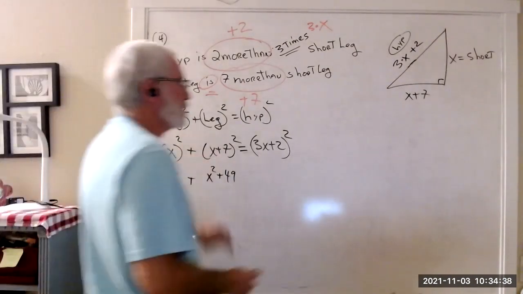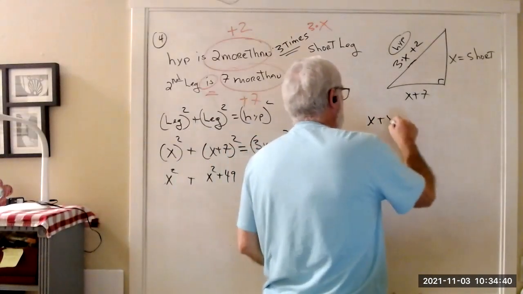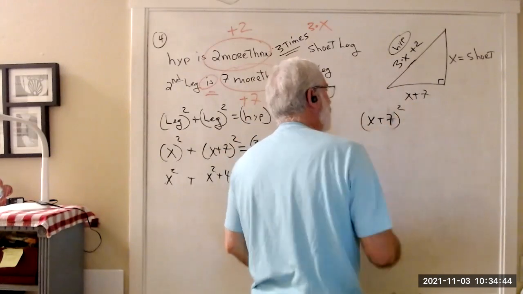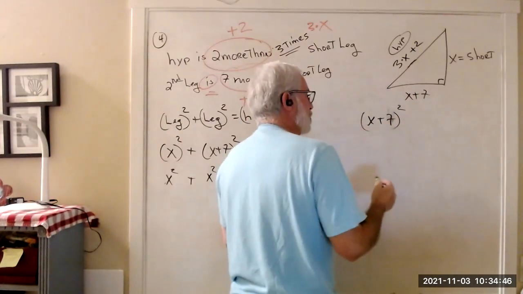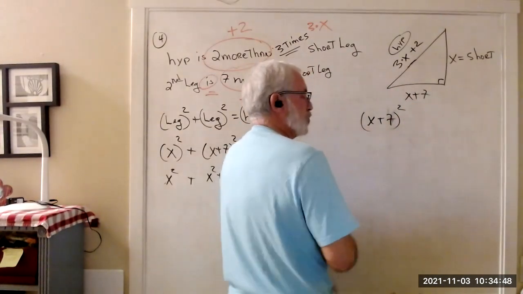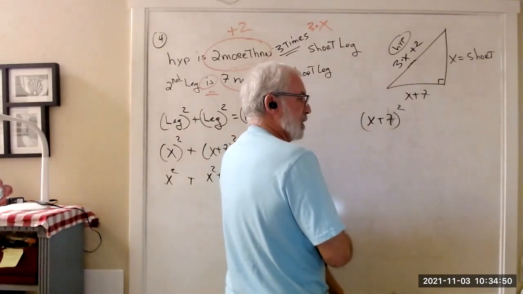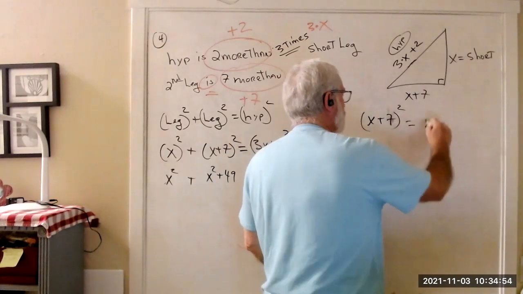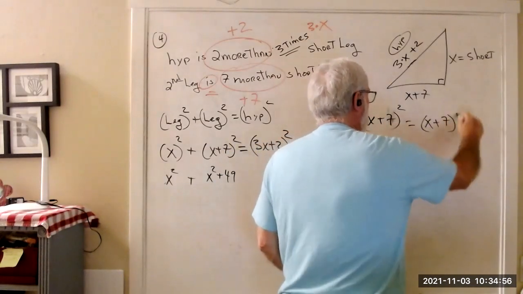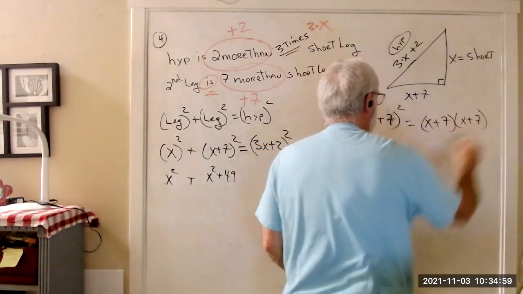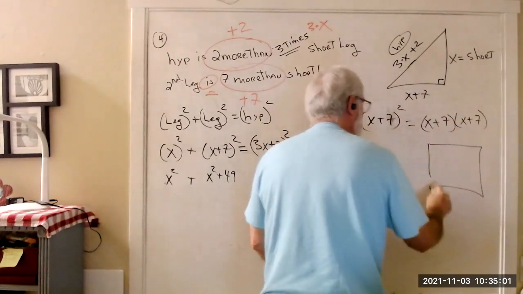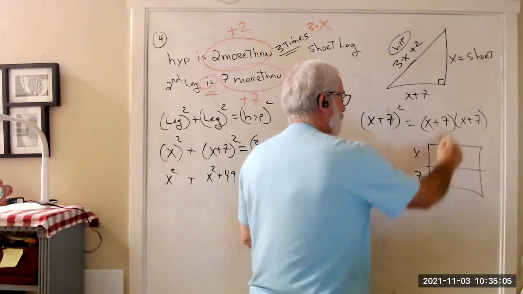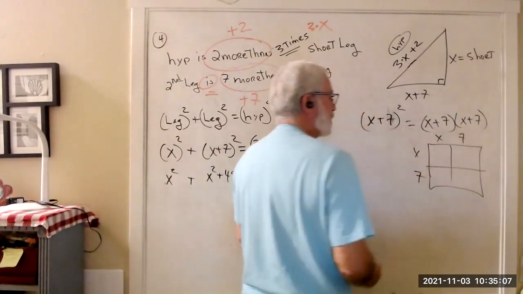When you have x plus 7 squared, there was one person who showed me they knew the shortcut, but in general, there is no shortcut. x plus 7 squared means x plus 7 times x plus 7, and you have to go through some way of multiplying them out, the matrix or foiling.